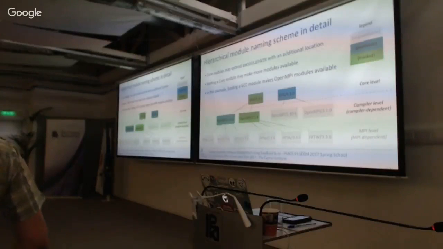All of the modules that are available at this point are compatible with each other. So this GCC can be combined with this version of OpenMPI. Users don't have to be scared that they are loading incompatible modules at the same time.